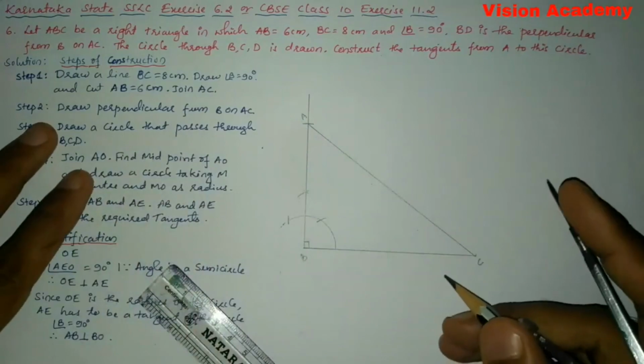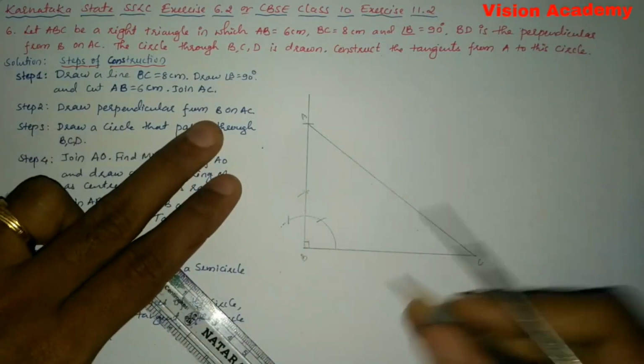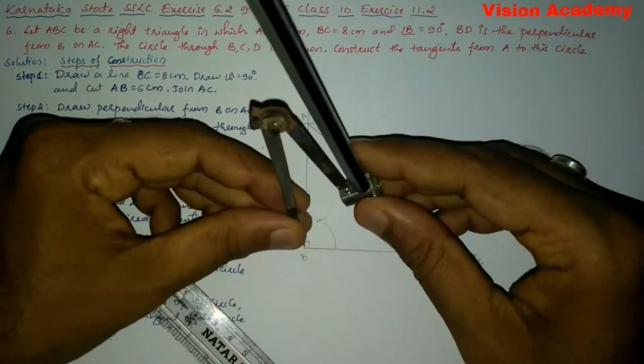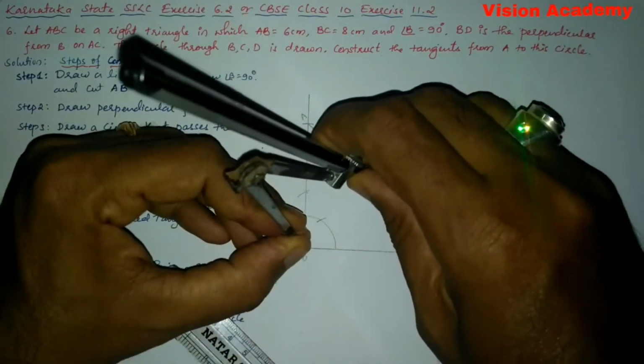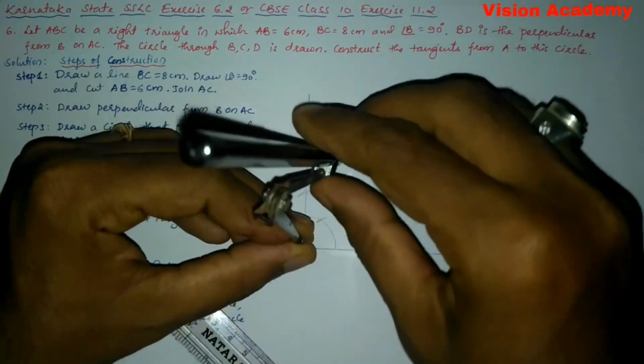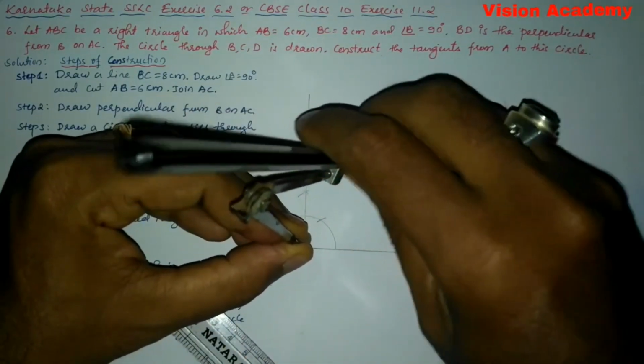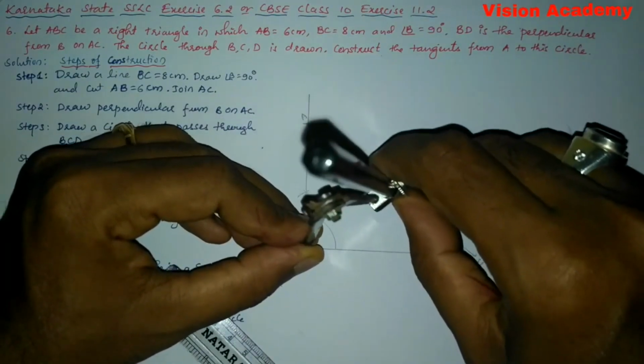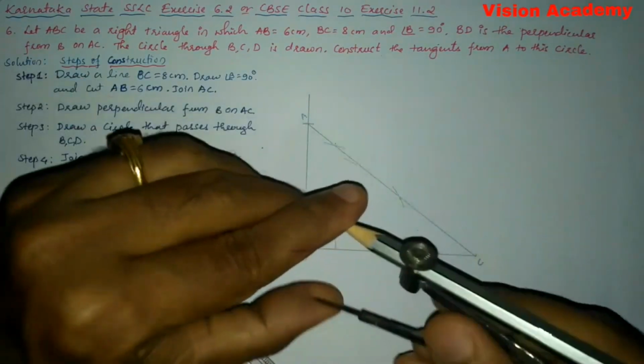Now we'll move on to step 2. Draw a perpendicular from B on AC. So here we'll take point B and draw an arc that cuts at this particular point.